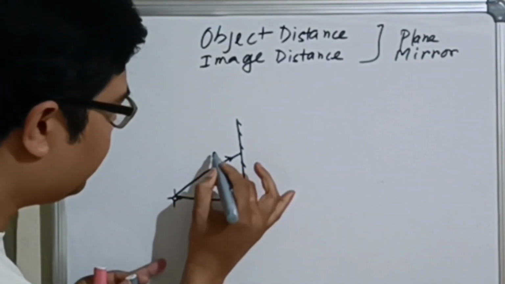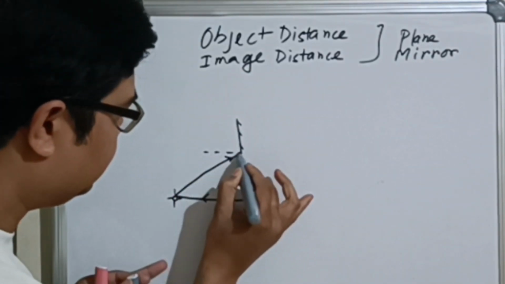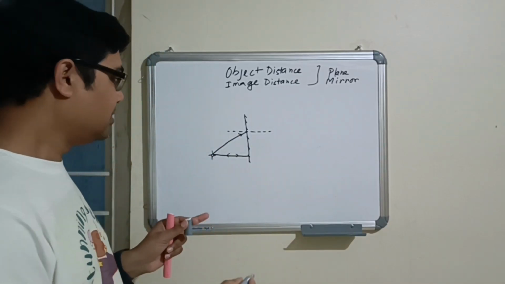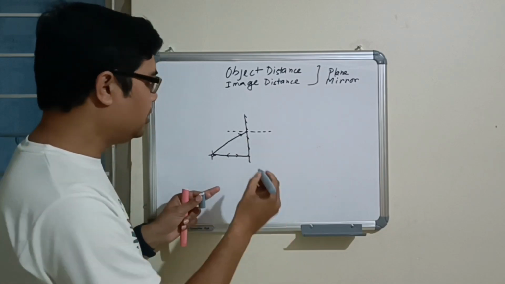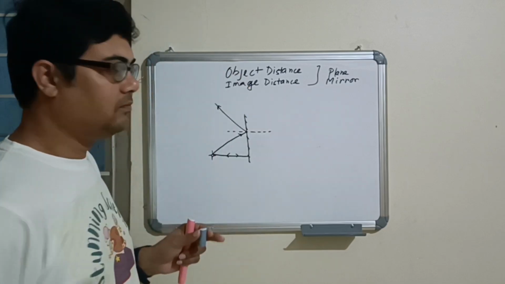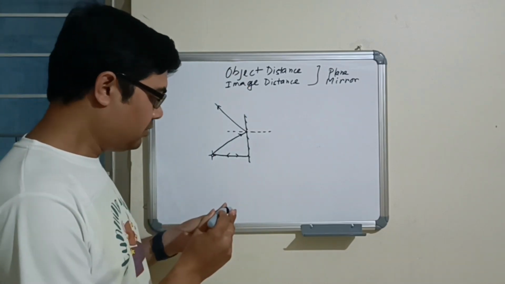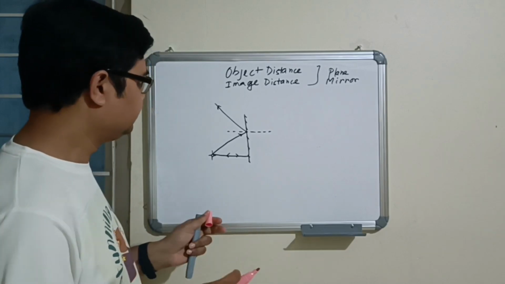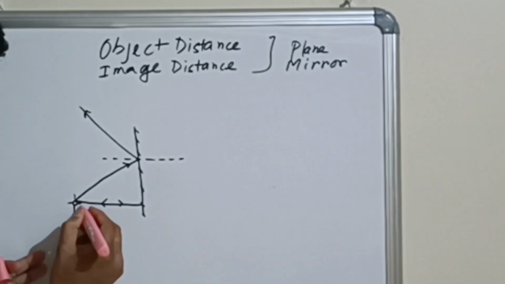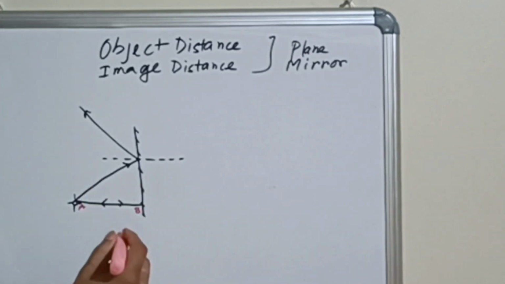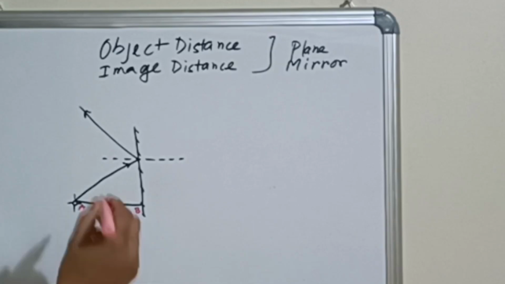So I can draw normal here. This is another incident ray, and after reflection, it will follow the path like this, right? Now I'm using red marker. Let us see, this is A, this is B, and let us say one observer is there.